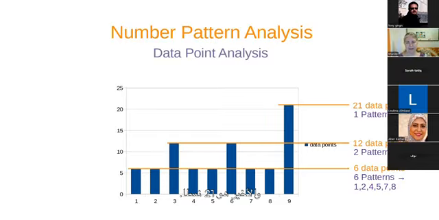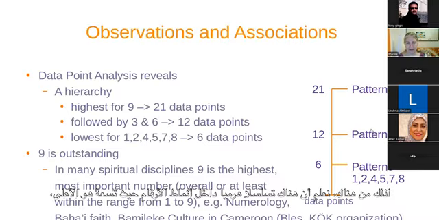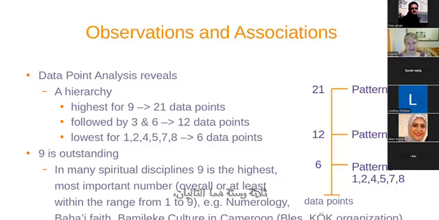And the last one, 21 data points, only appears for 1 number pattern, which is 9. So from there we know that there is a hierarchy within the number patterns, where 9 is the highest, 3 and 6 are the next, and the lowest are the other numbers. In this case, it's 1, 2, 4, 5, 7, and 8.